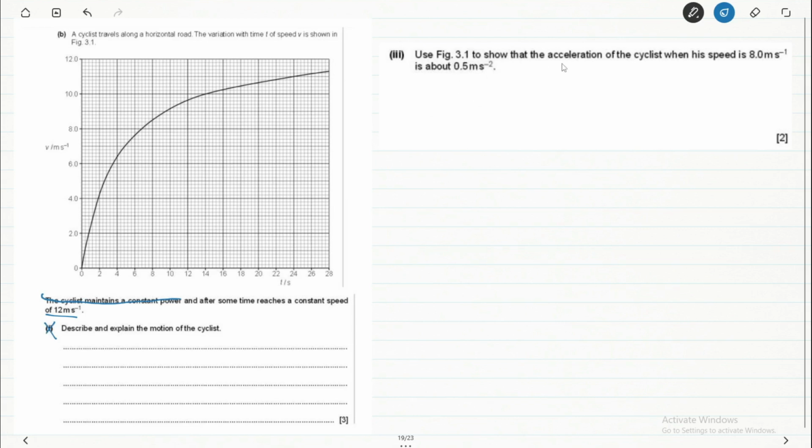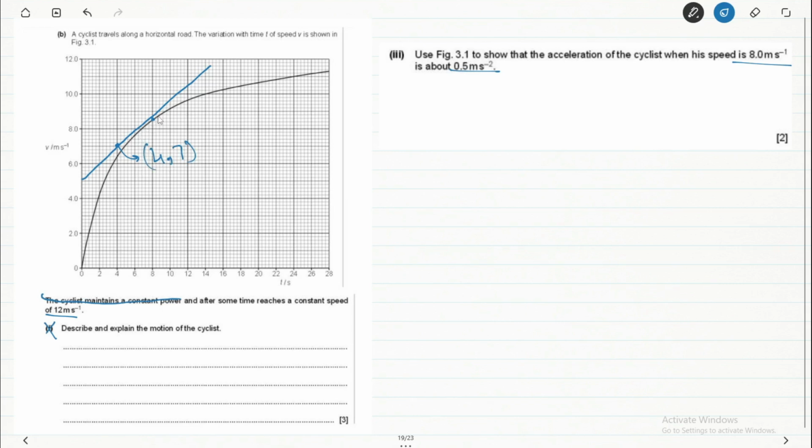So use figure 3.1 to show that the acceleration of the cyclist when his speed is 8 is about 0.5 meters per second squared. So what we do here is just draw a tangent and find its gradient. Now my line is by no means straight, but let's just see if we get a close enough answer. So the first point is 4 and 7.